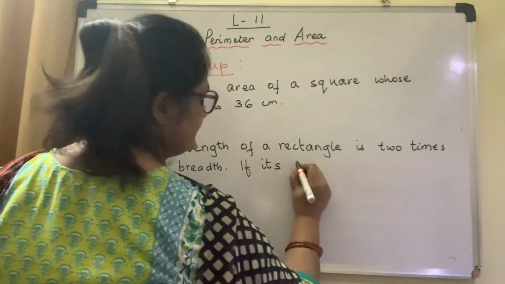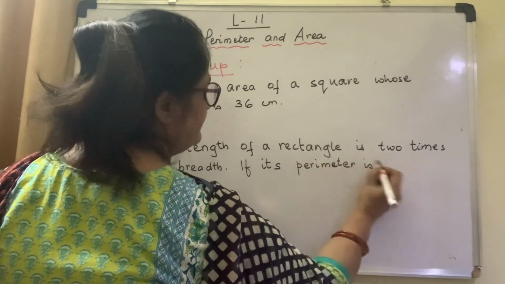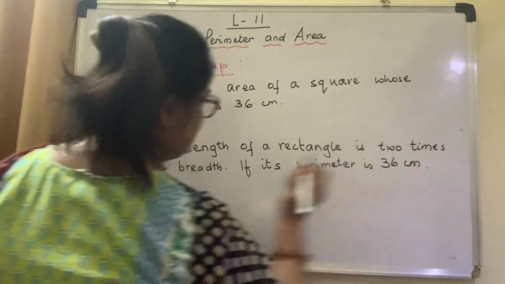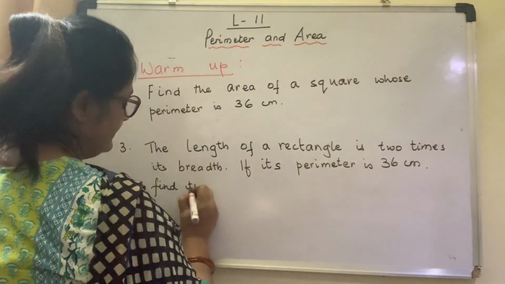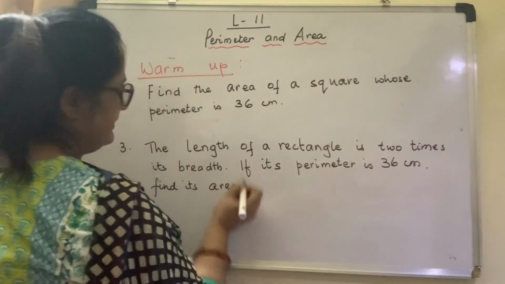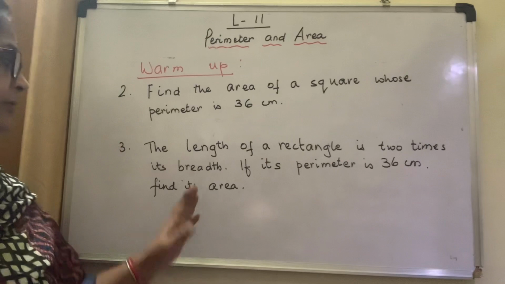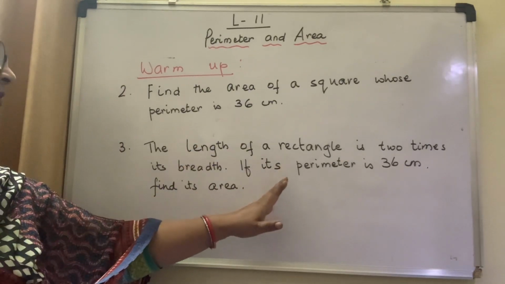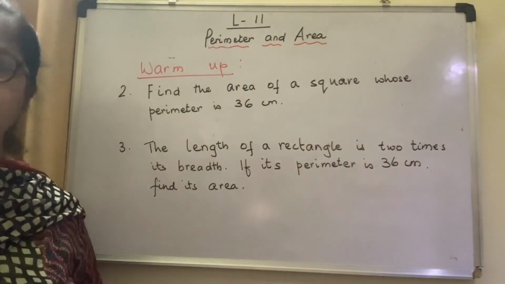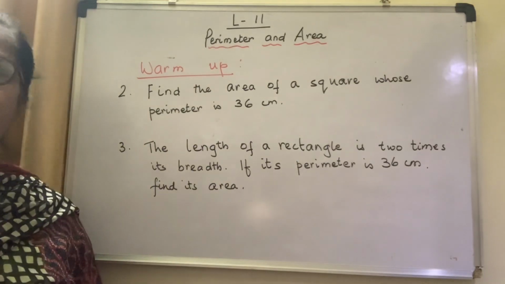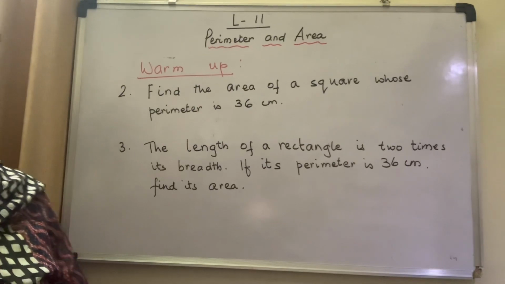If its perimeter is 36 centimeter, find its area. More or less the same type. Here the length and breadth of the rectangle are not given. Relationship is given. Use your knowledge of simple equation and work it out. Okay, so these are the two warm-up questions.